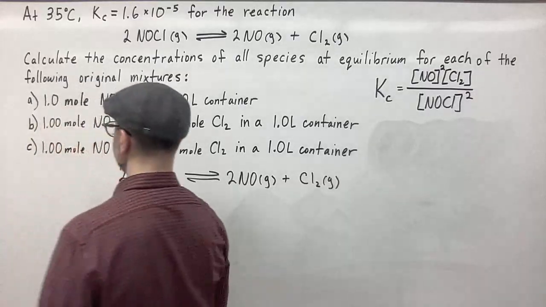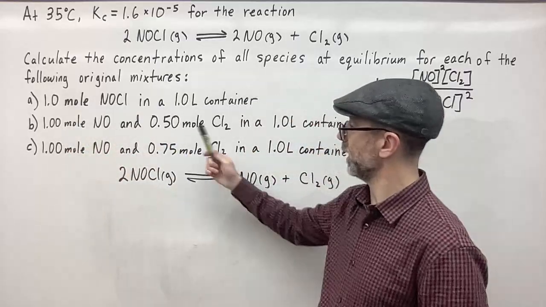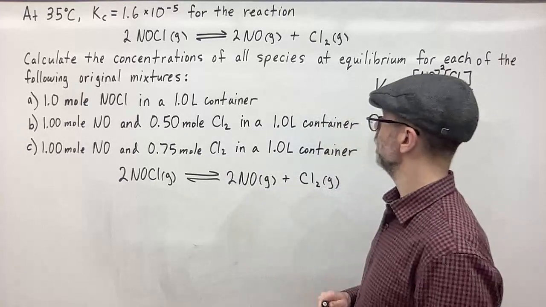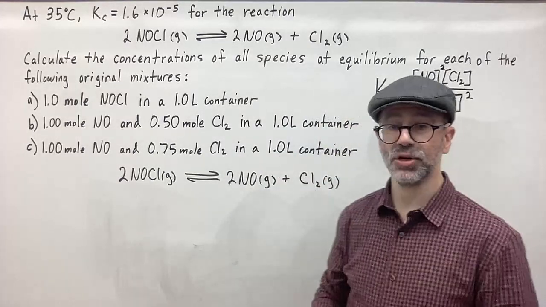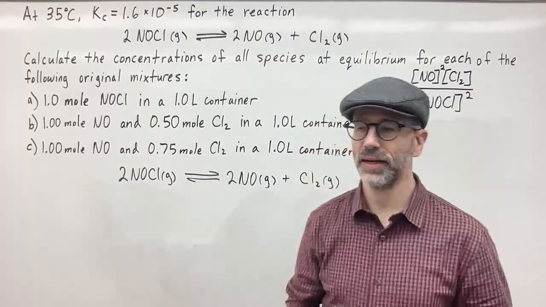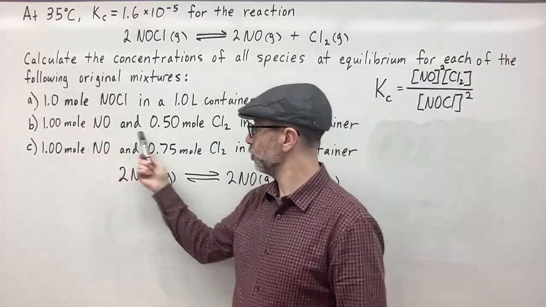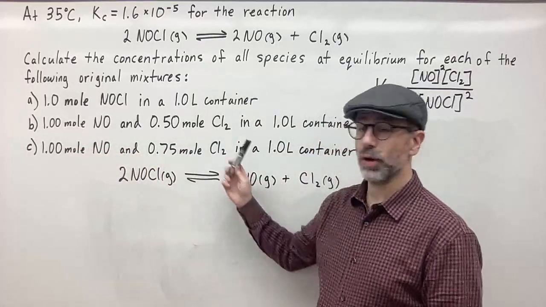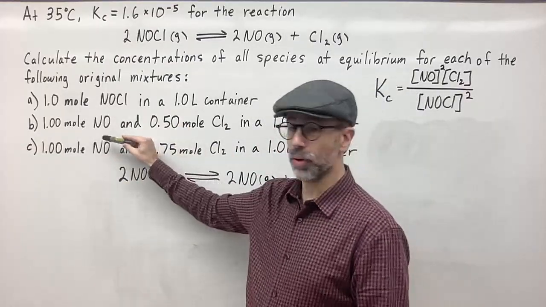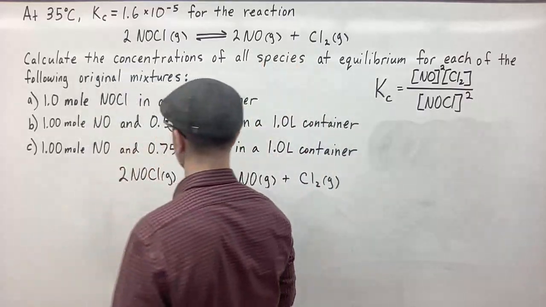Okay, so in this case here, we're starting with 1.00 moles of NO and 0.50 moles of Cl2 in a 1.0 liter container. So again, since we're in a 1 liter container, we can treat the moles as molarity. And the one thing I want you to notice is that we are starting with the products here. So we have NO and Cl2 to start with.